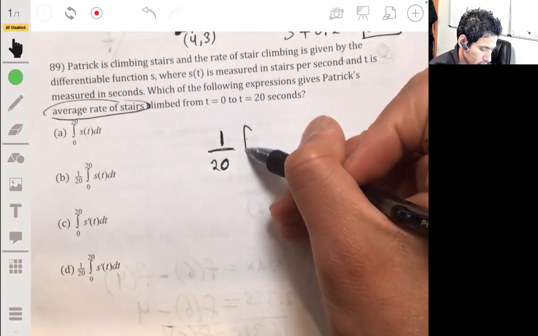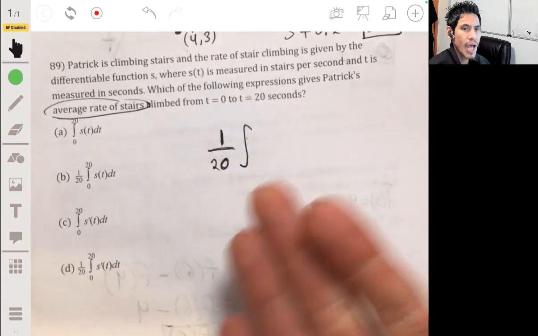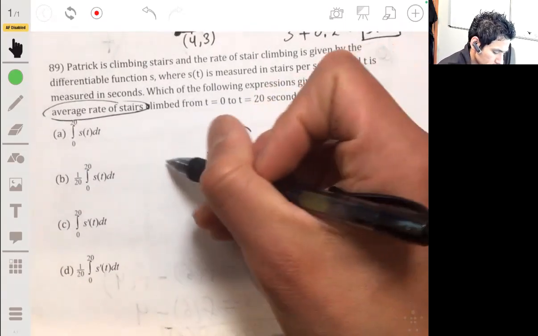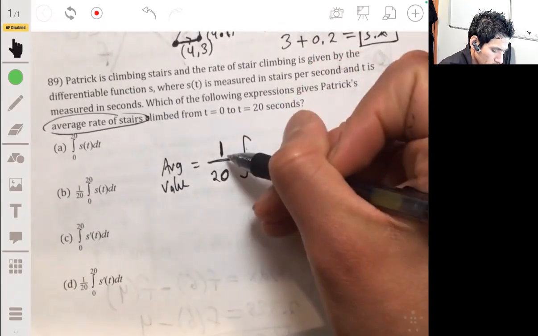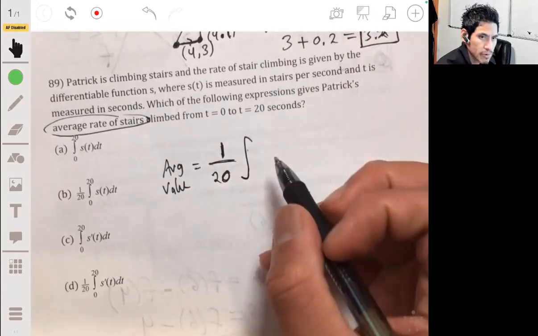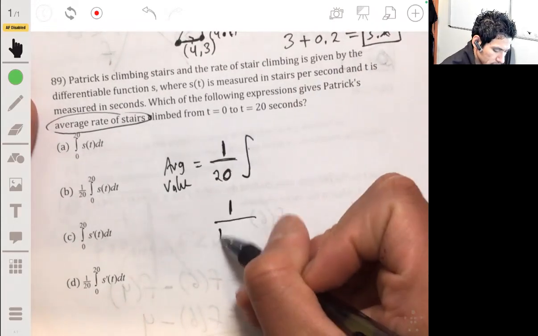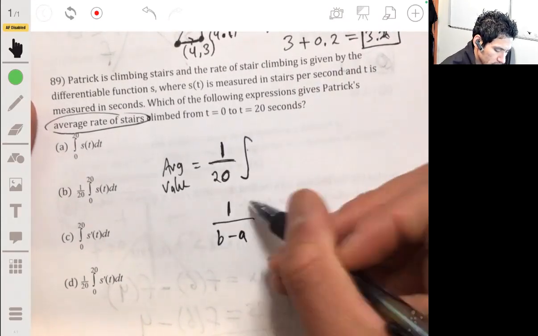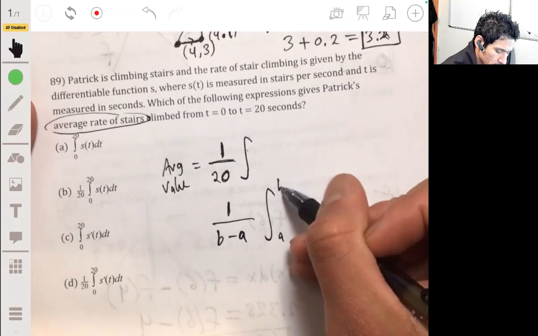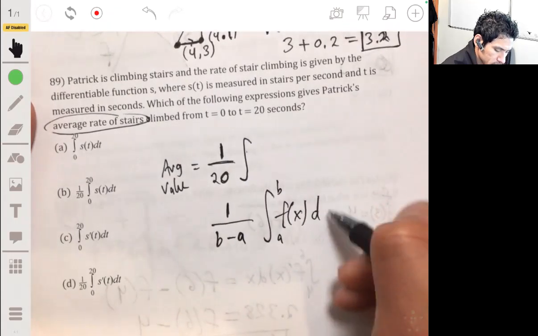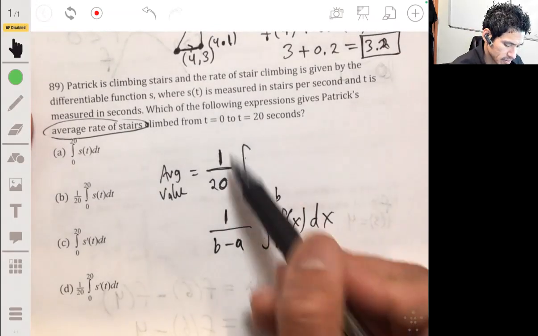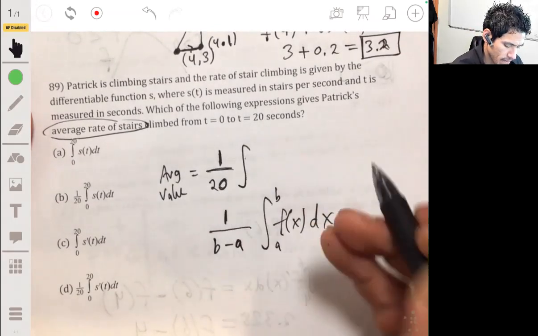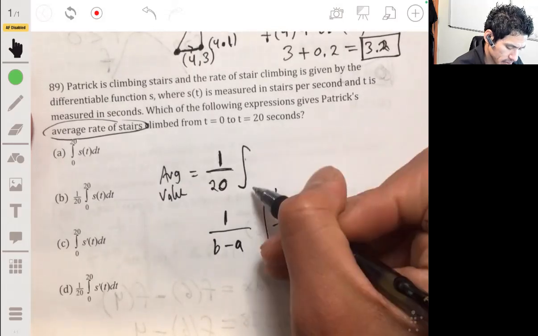You probably remember the average value formula, which is 1 over b minus a, integral from a to b of whatever the function is. Again, if you understand it, you don't need to waste your time memorizing it. So b minus a is 20 minus 0, and the integral goes from 0 to 20.